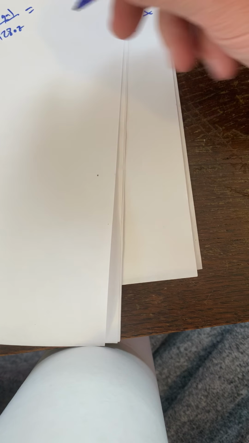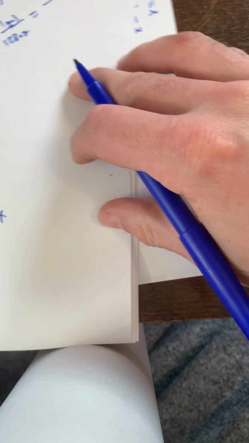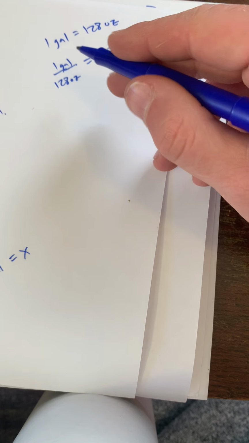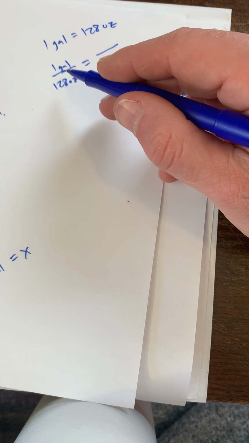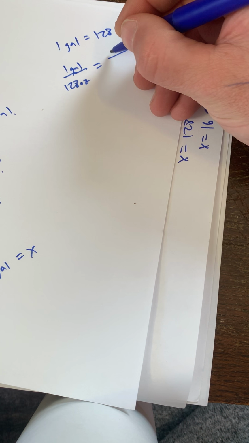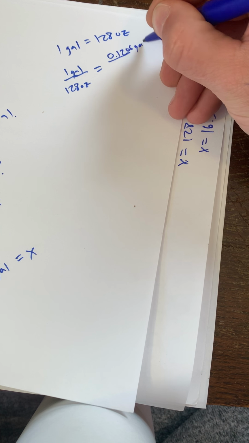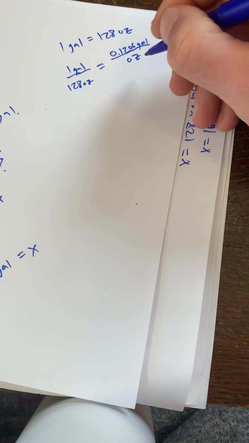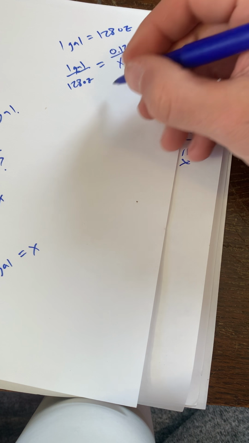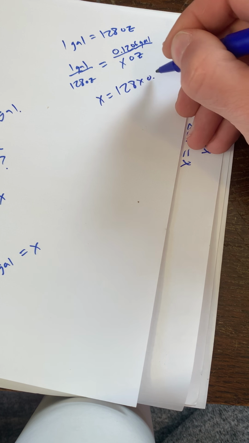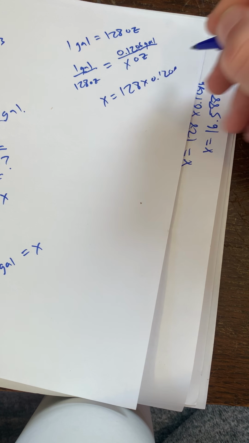then the question is: if 1 gallon is 128 ounces, and we've got 0.1206 gallons, how many ounces is that? So X equals 128 times 0.1206.